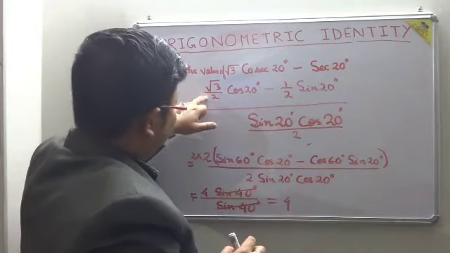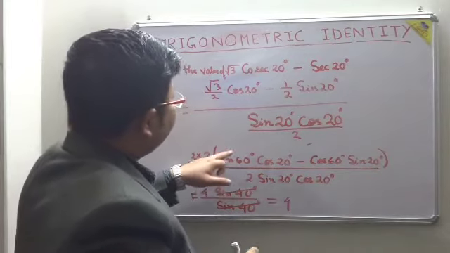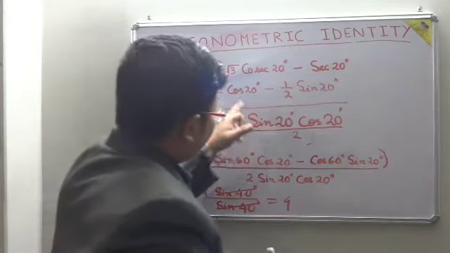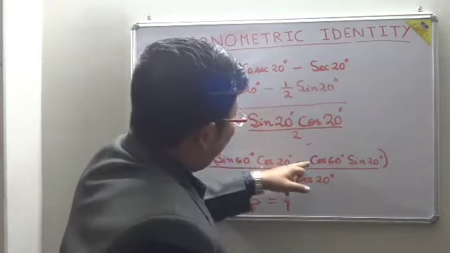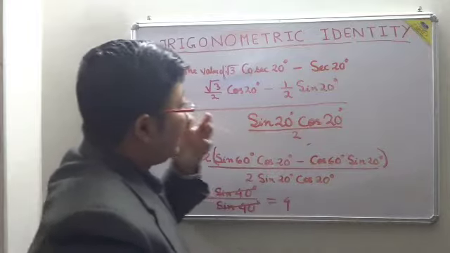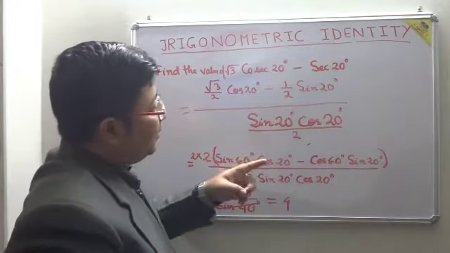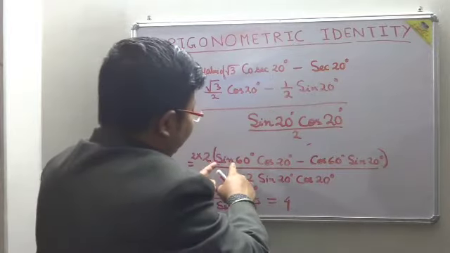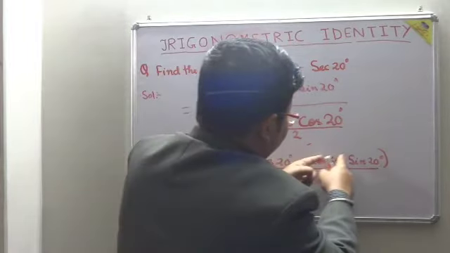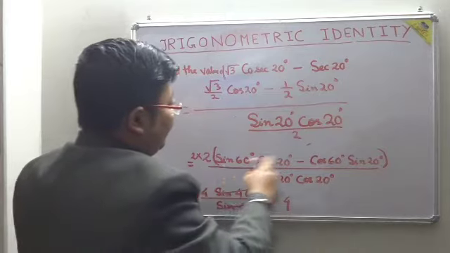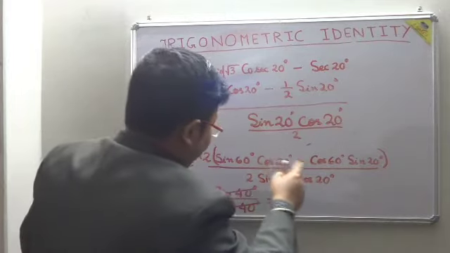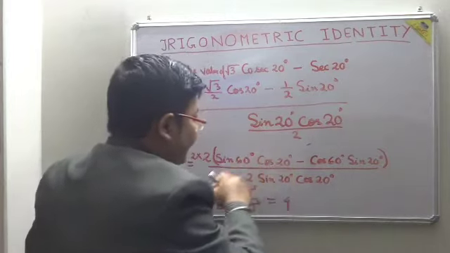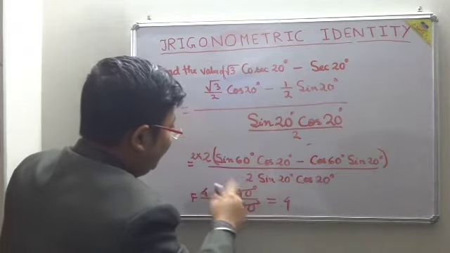Root 3 by 2 is sin 60 degree, and cos 60 is half, again sin 20. So I will write it as sin A cos B minus cos A sin B, which is sin A minus B. A is 60, B is 20, 60 minus 20 is 40, sin 40.